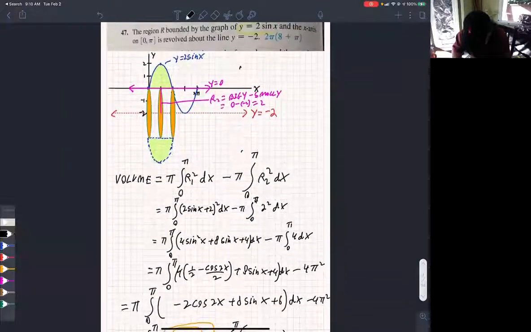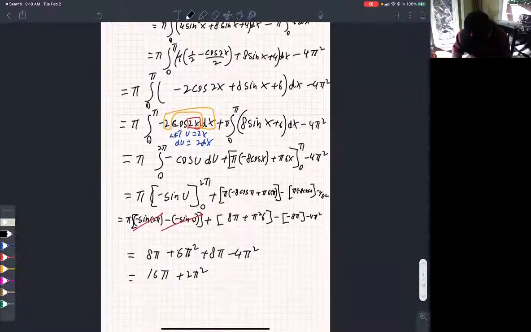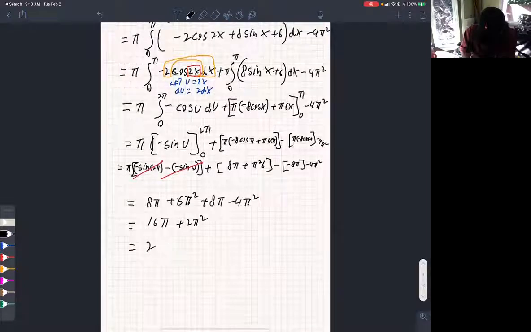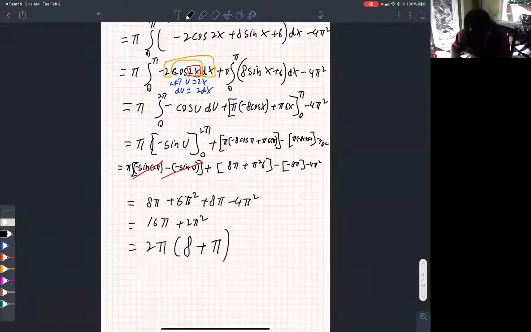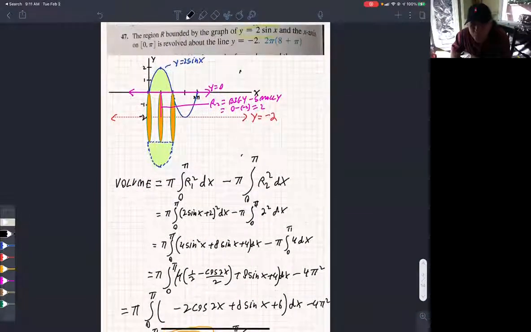Oh, I got to factor 2 pi out. 2 pi, that's 8 plus pi. Is it 2 pi, 8 plus pi? OMG! You do not realize how happy I am right now. That was so long, and I got it right.